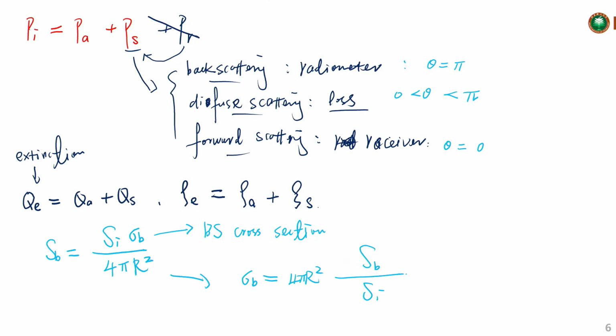So this is the cross section, and the efficiency is called psi b. Again, it equals the cross section divided by pi r squared. This smaller case r is the radius of the hydrometers, right? And the capital R is the distance between the radiometer and the hydrometer.